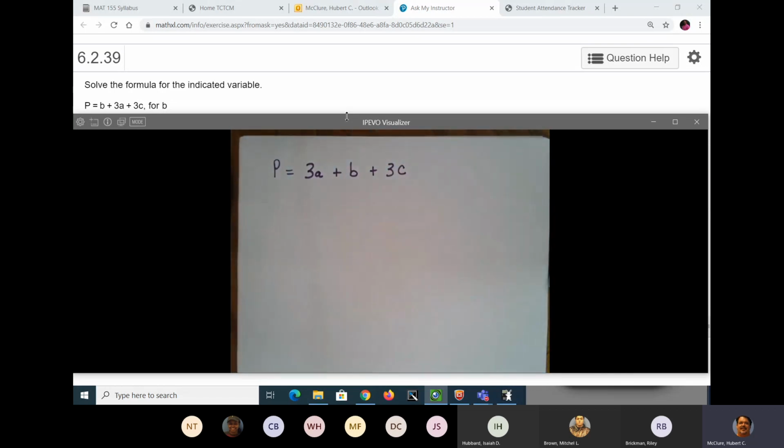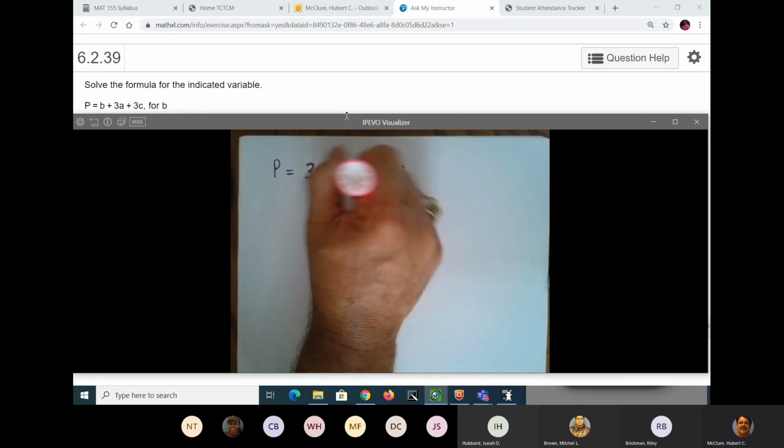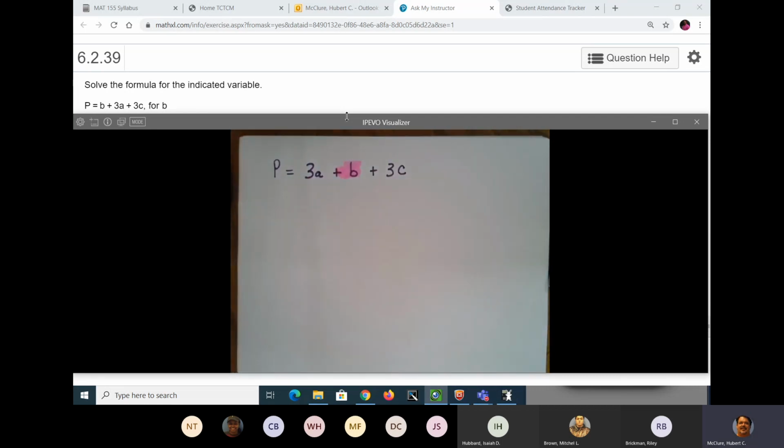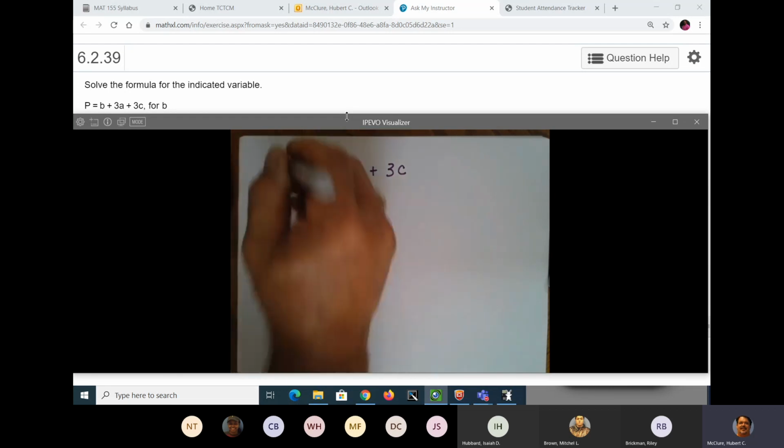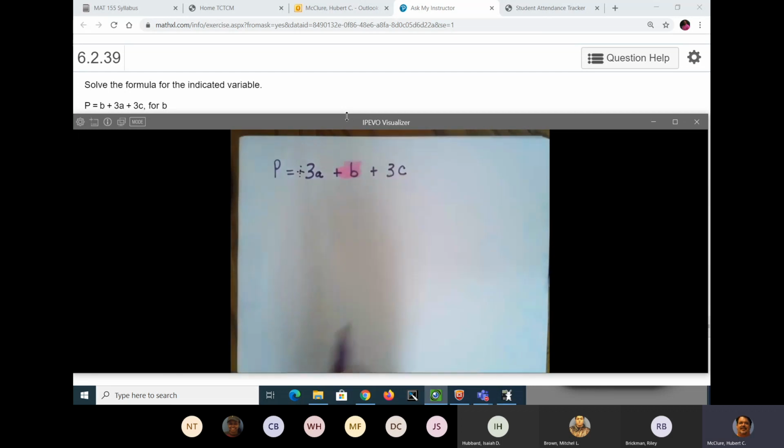No fractions. So what do they want? They want B by itself. So that means I've got to get rid of adding 3A and adding 3C. And how do I get rid of adding anything?